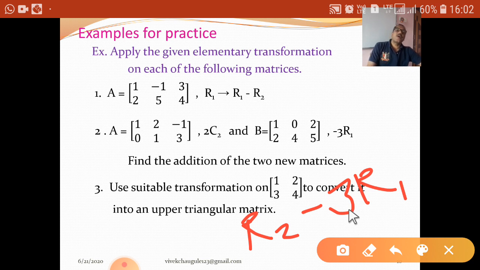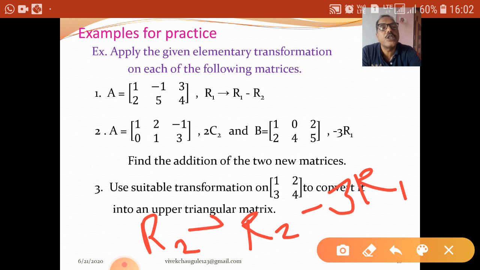Every element of the first row is multiplied by 3, and we subtract it from the corresponding element of the second row. We write this transformation like this because the change is only in the second row, and therefore we write R2 changes to R2 minus 3R1, and after that transformation this matrix becomes an upper triangular matrix. It means that this 3 becomes 0.